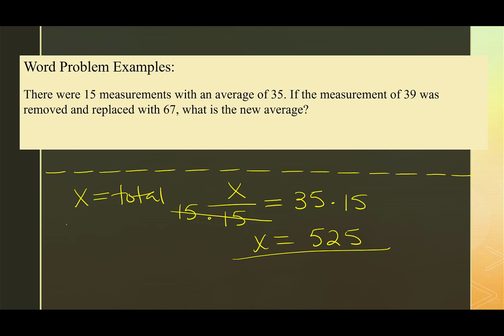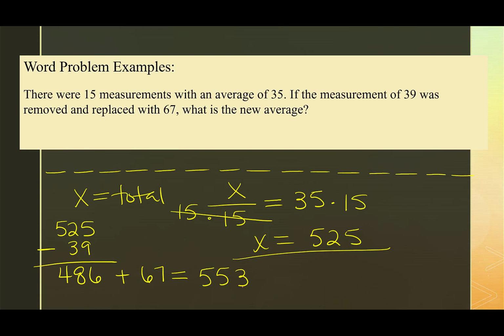So on the left-hand side of the screen, I want you to follow this math. I'm going to do 525. I'm going to subtract 39 to get a total of 486, and then add the new measurement of 67, and that is 553. So let me walk you back through that again. If we know the original 15 measurements had an average of 35, that means the original 15 measurements had a sum total of 525.